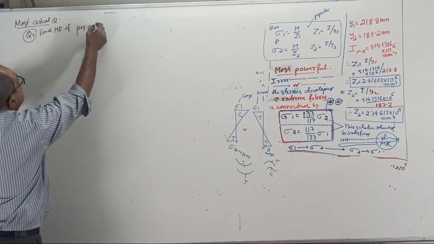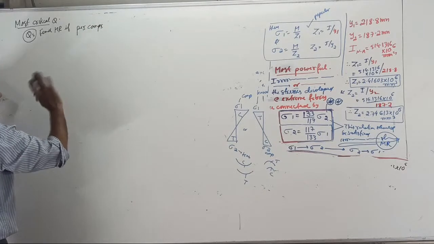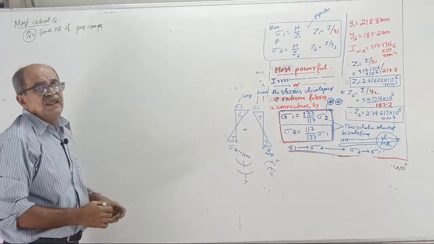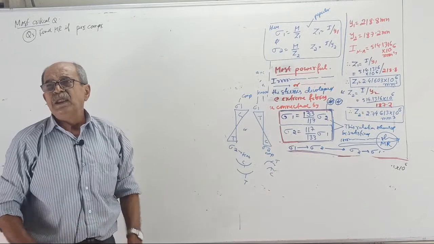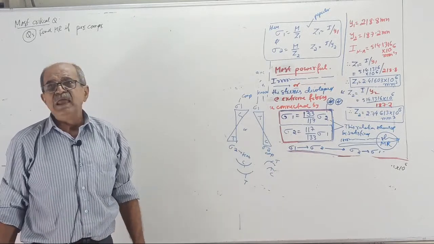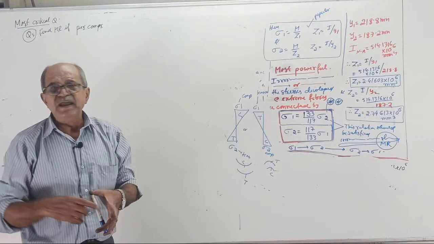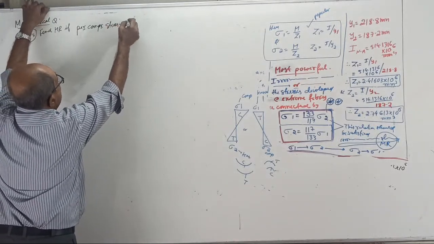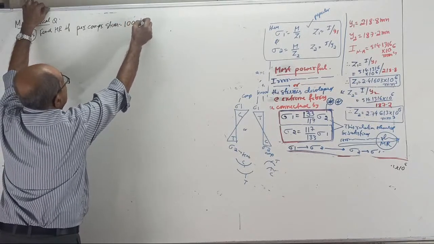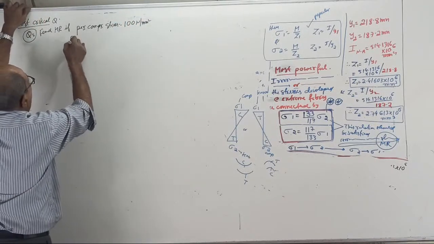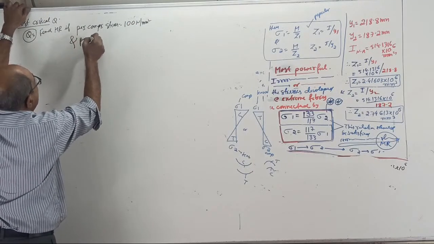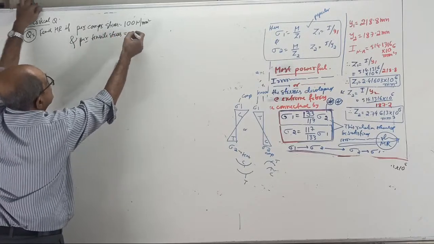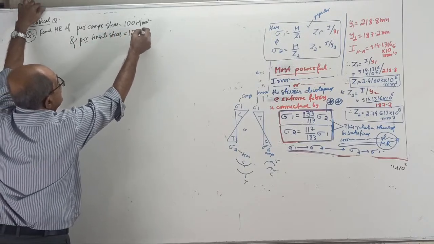permissible compressive stress. They don't tell which one is top and bottom. In material properties, tension and compression are known. Nobody in the IS code will tell sagging BM or hogging BM. Why? That you decide. Permissible compressive stress is 100 Newton per mm square, and also permissible tensile stress is 125 Newton per mm square.